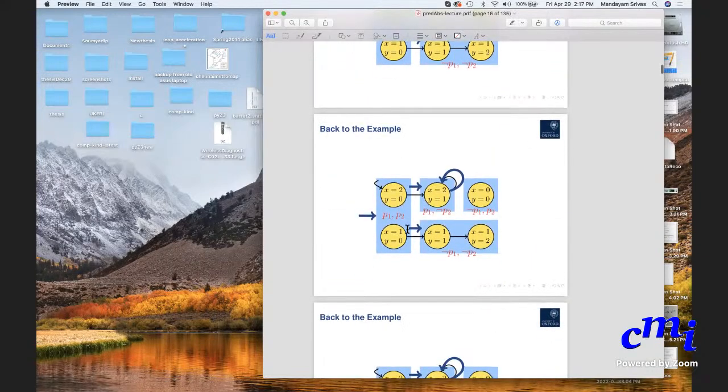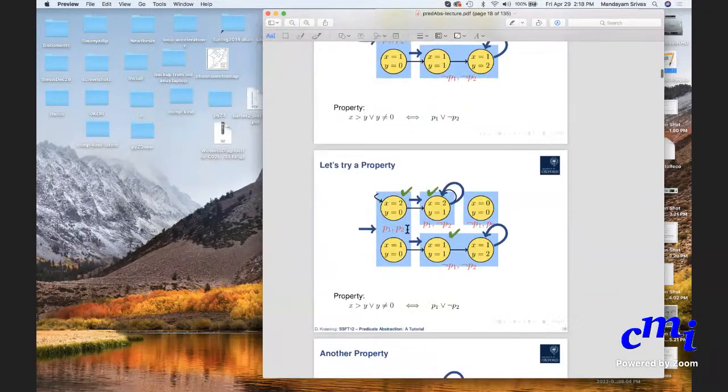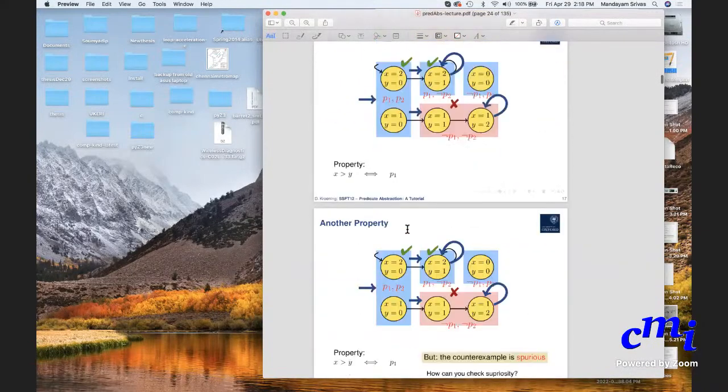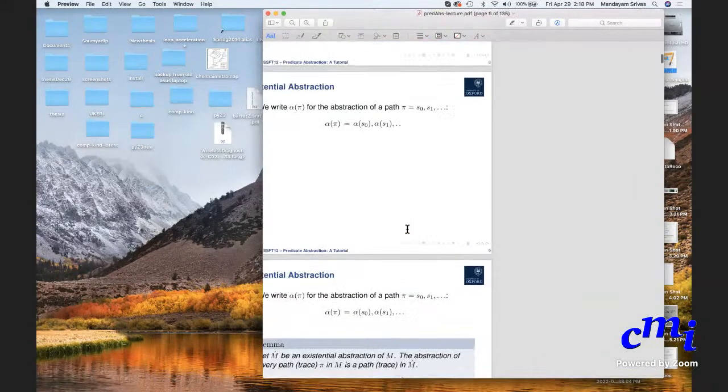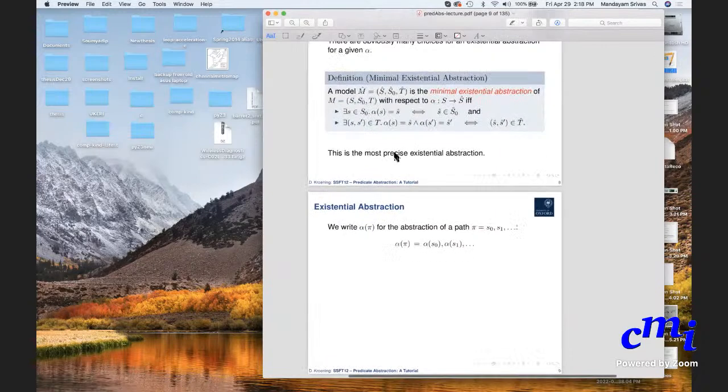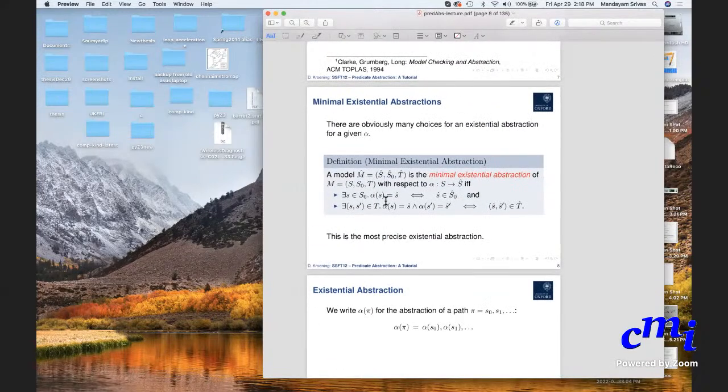Now, in order to make it into an abstract transition system, you will have to define what your abstract initial state is for the abstract model, and the transition relation for the abstract model. We defined it using existential abstraction.